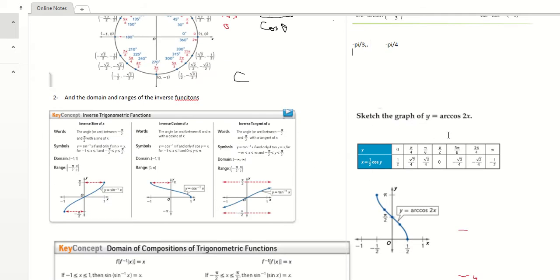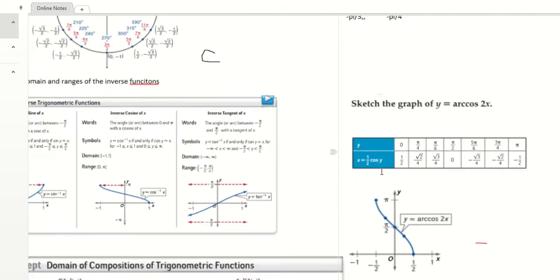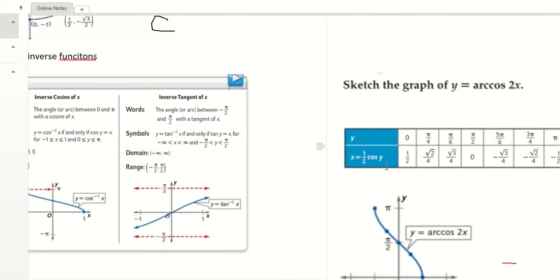So now let's add the sketch. So what happens? y is equal to arc cos inverse x. Y is equal to cos inverse x is this. It goes from -1 to 1 on the x-axis and 0 to pi on the y-axis. What happens when we replace x with 2x? One way to think about it, when you convert it over here, x becomes half cos y.